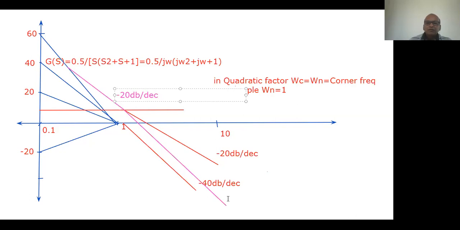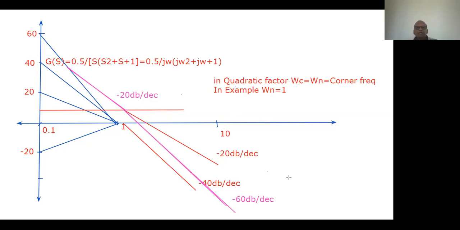Here the slope is minus 60 dB per decade. If you see, this is the asymptotic Bode plot. Initial slope is minus 20 dB per decade, and then next is minus 60 dB.